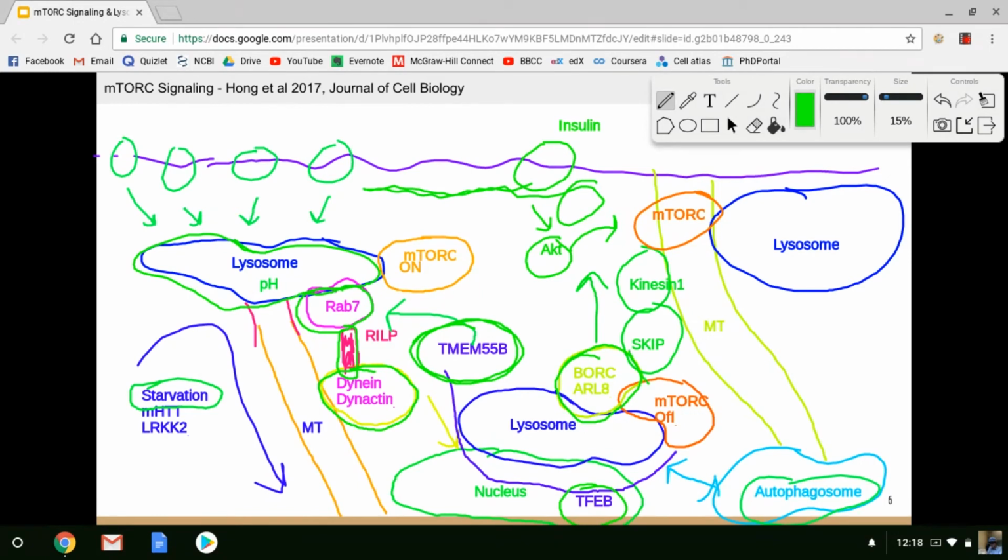GTP-bound RL8 can bind to SKIP. SKIP is an adapter for kinesin 1. Once it's linked up to kinesin 1, it can be moved back out to the periphery of the cell. And when the lysosome is moved back out to the periphery, it leads to the activation of mTORC because it's now co-localized with active AKT.